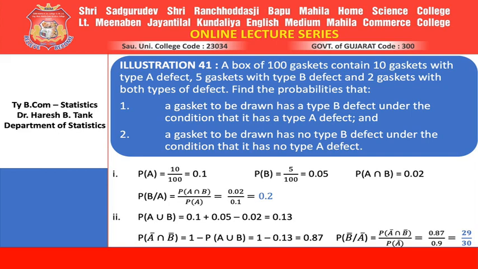As we know, probability of A complement intersection of B complement is nothing but 1 minus probability of A union B. A union B is already given to you. Probability of A union B, that is what we have found just now. 1 minus 0.13, which is 0.87. Simplified, while putting it in a ratio format, it comes to 29 by 30. And that becomes our ultimate answer.